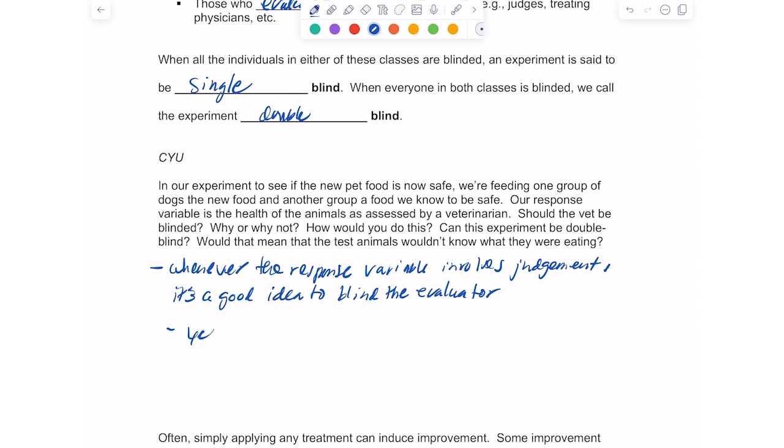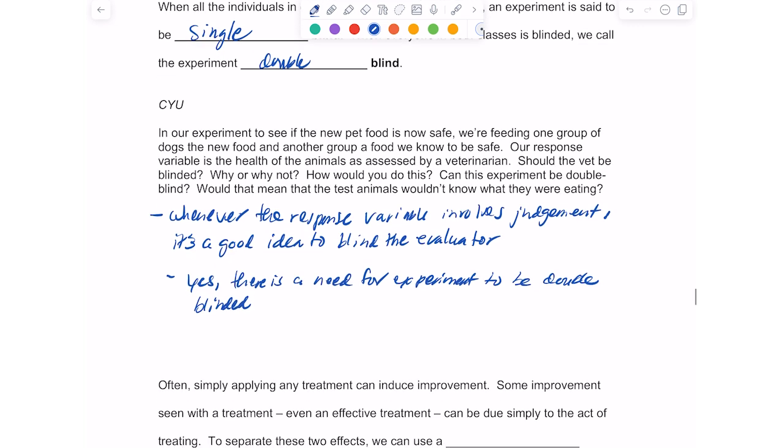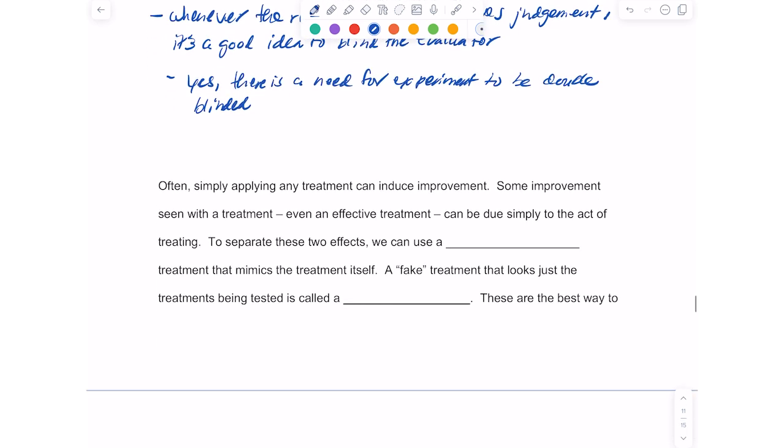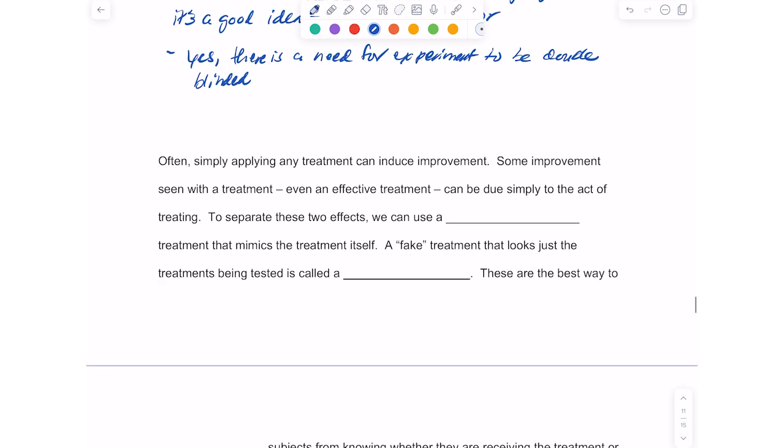And then, yes, there is a need for the experiment to be double-blinded. As we said, the reason for that is so that those who are giving the food to the dogs don't know which treatment as well. That's just so that they don't bias anything or have a favorite dog.